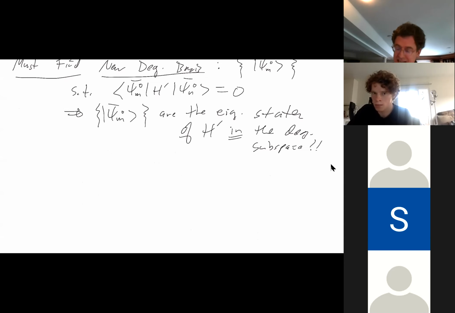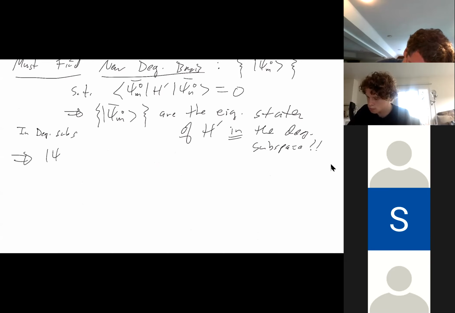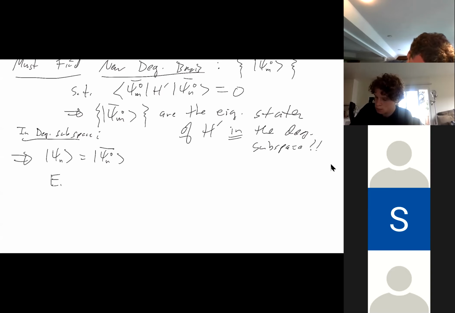Okay, and so we just have to find that. And once we find those states, then everything is sweet, because now in the degenerate subspace, psi n is equal to this new basis, psi n naught, and En is equal to En naught plus the expectation of H prime, psi n naught H prime psi n naught, where this is the new basis.